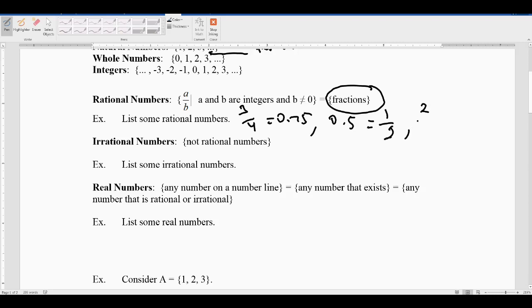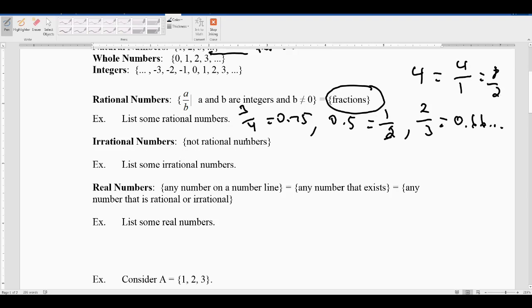And then you can say 2/3 because its decimal keeps on going. It repeats. It doesn't stop, but it does repeat. So either they stop or they repeat. In fact, the number 4 is a rational number because it can be written as 4/1 or 8/2, and so on, so on, so on. So that just gives you an idea of what these words actually mean.